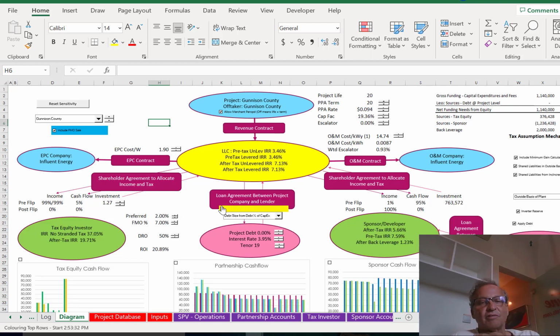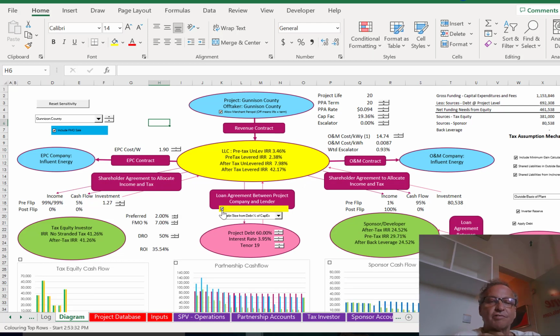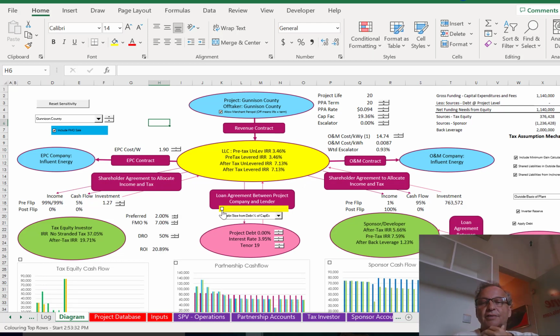It shouldn't give you this kind of difference. Oh, no. This is if we put the debt at the project level or the back leverage. And where's the one to say we sell the project? I can't remember. But all right, let's leave it.